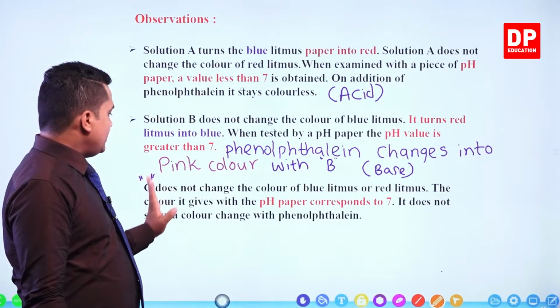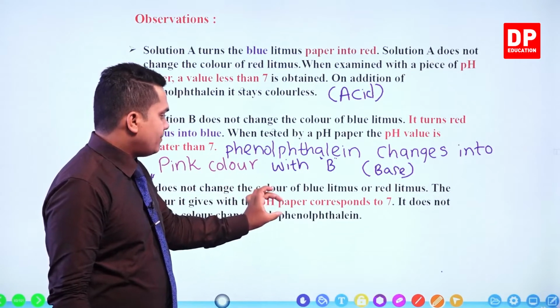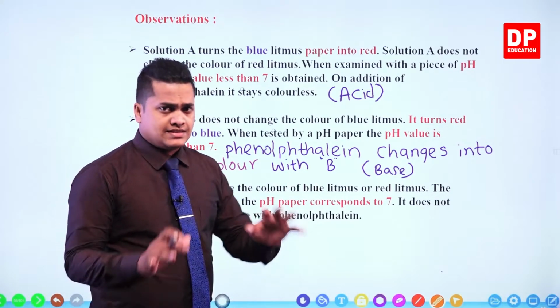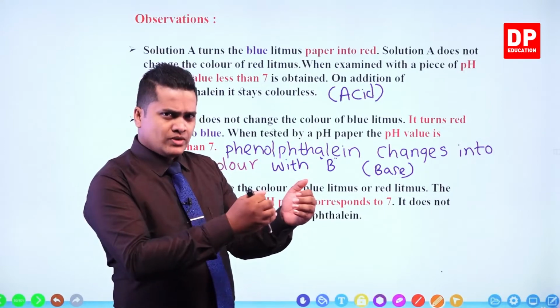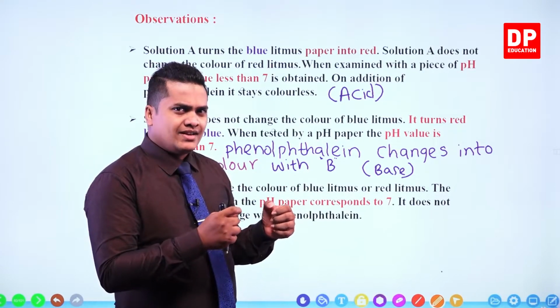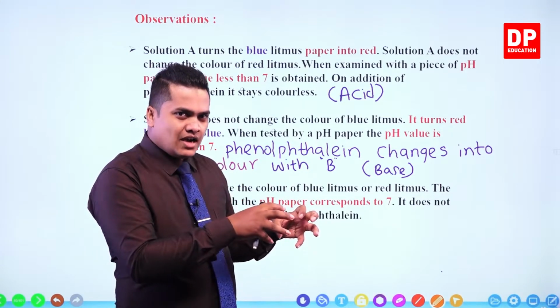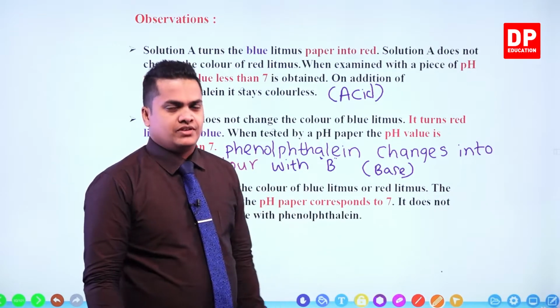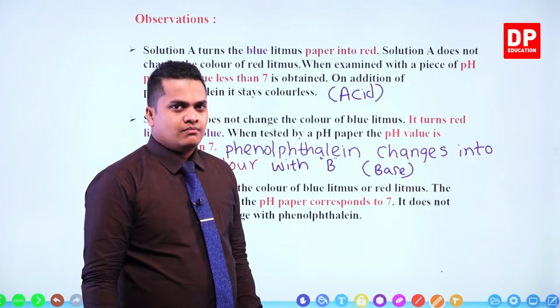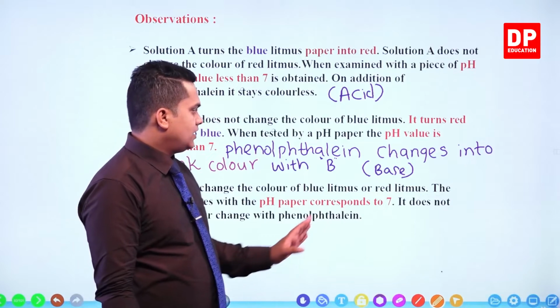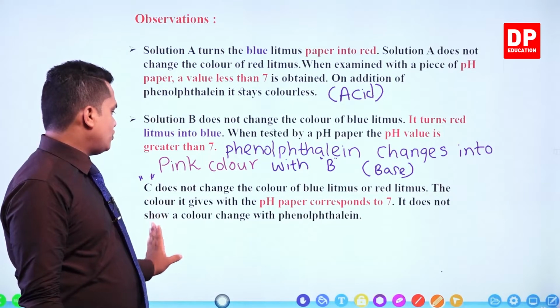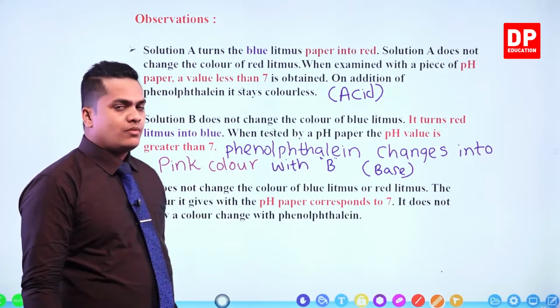The color it gives with the pH paper corresponds to 7, not exactly 7, but much closer to 7, okay. It does not show a color change with phenolphthalein.